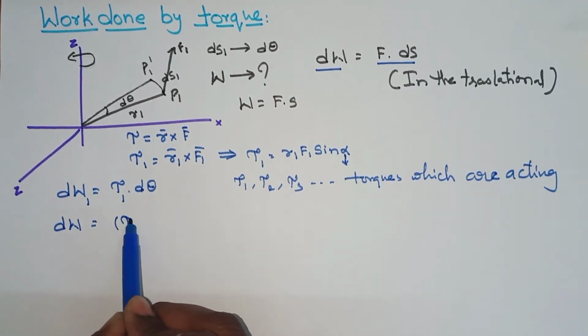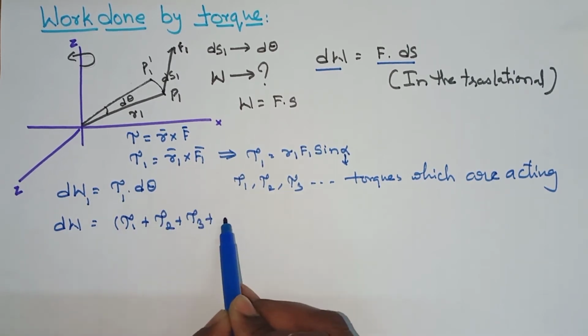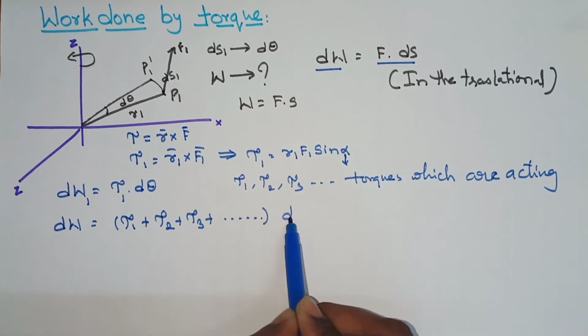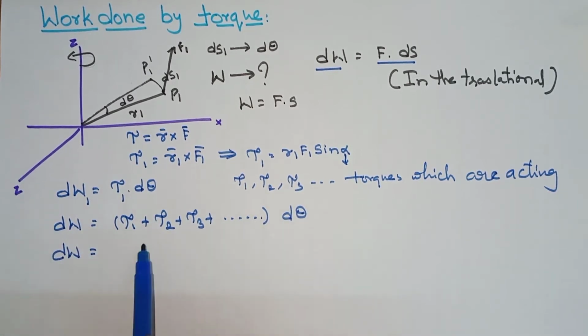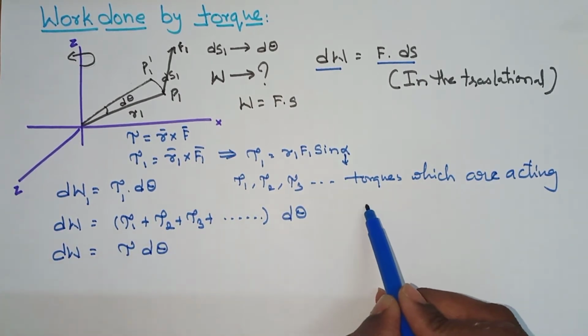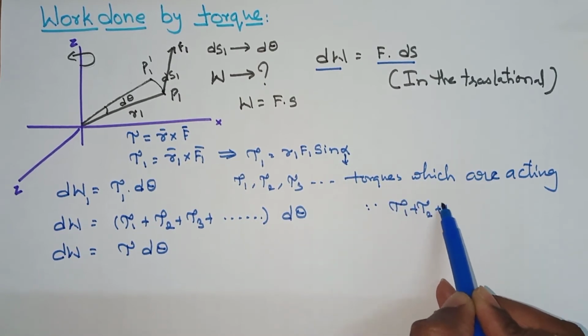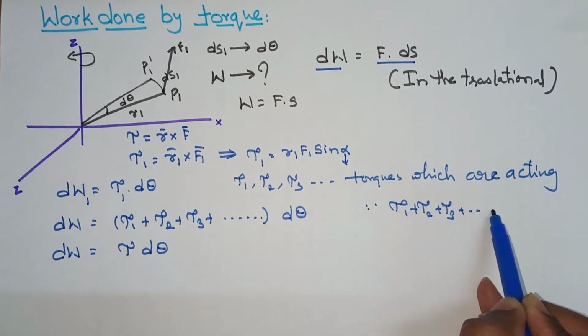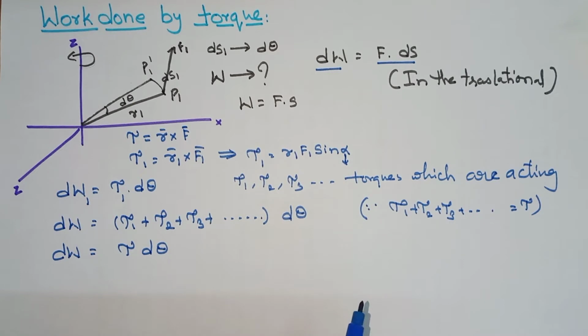Tau 1 plus tau 2 plus tau 3 and so on, into d theta. So dW is the summation of all the torques into d theta, and tau 1 plus tau 2 plus tau 3 and so on is equivalent to tau, the total torque.